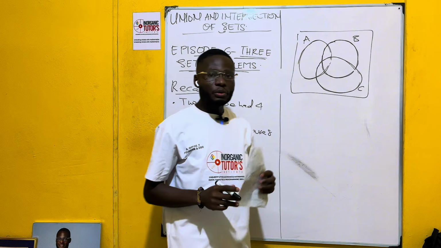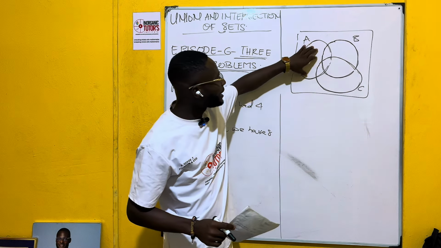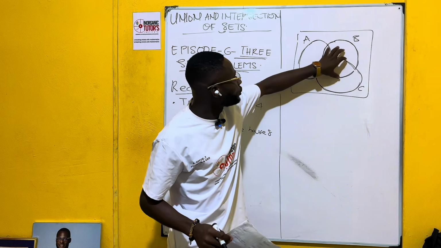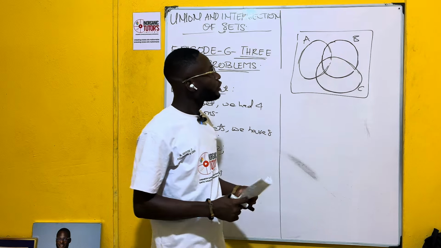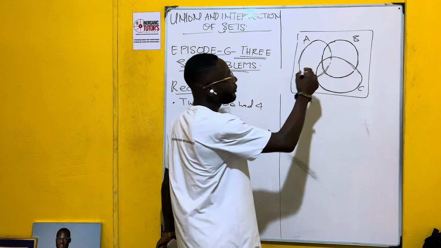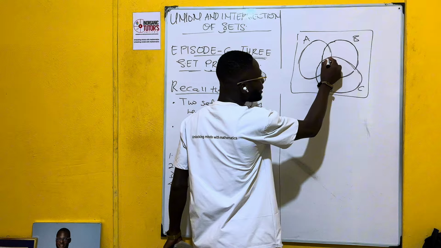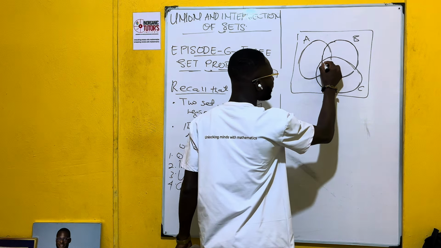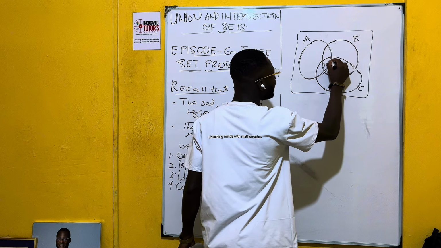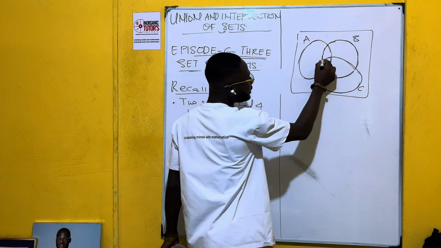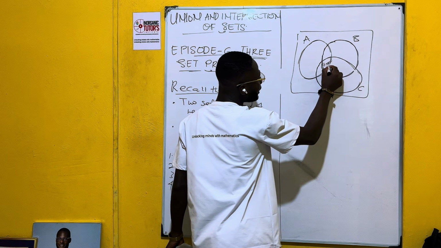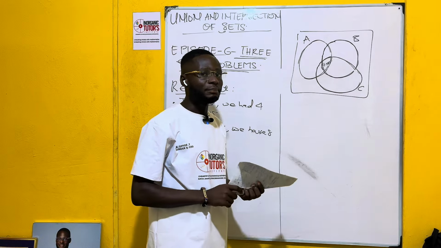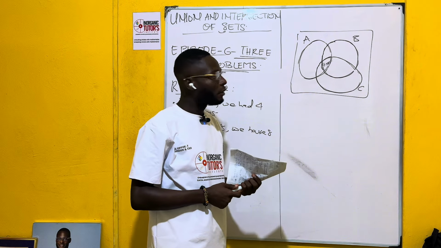Now, how do we identify these regions, or what are we going to use to represent those regions? This particular region is common to all three sets, so we call it A intersection B intersection C. This region is the commonest among all three.